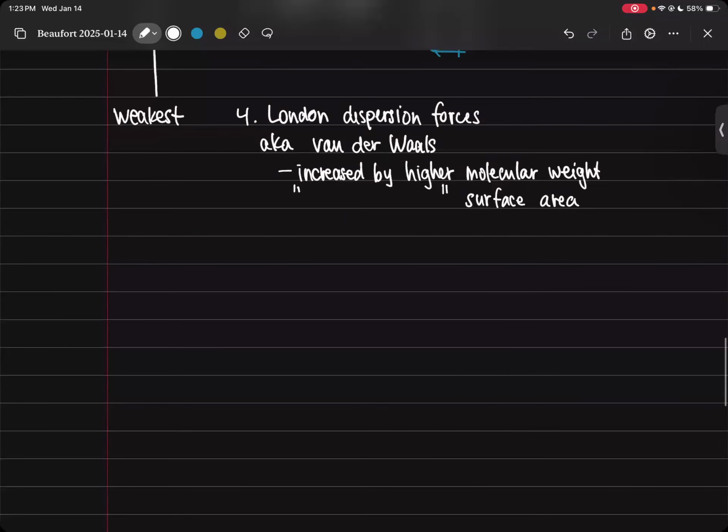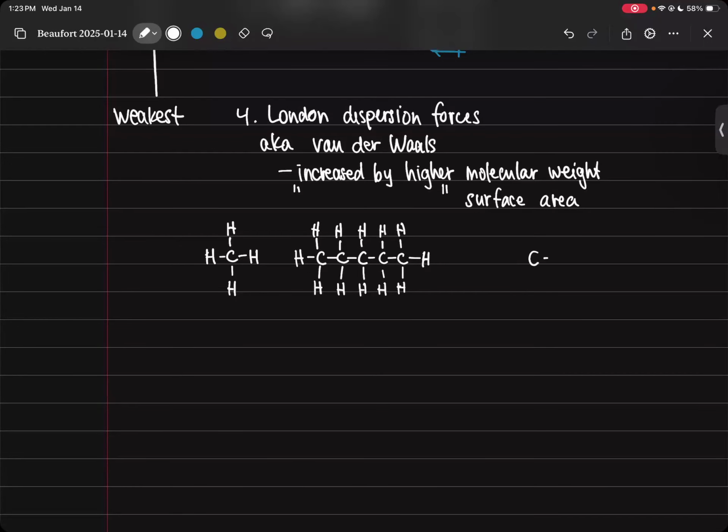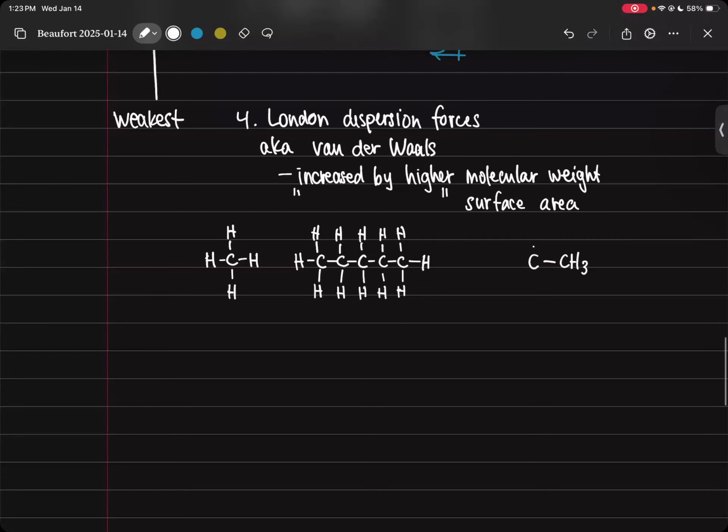So examples of that would be, let's compare methane with a longer chain that's heavier, versus a molecule that's the same size as the straight chain, but it's round.